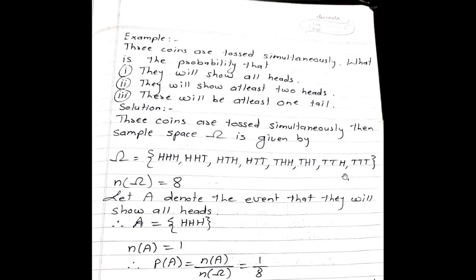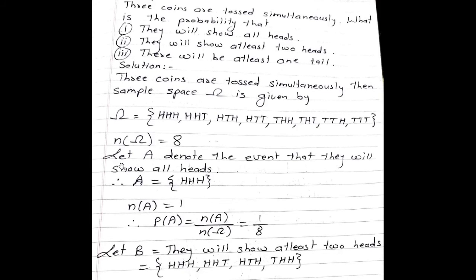Now define event A. Let A denote the event that they will show all heads. So A is equal to, the favorable outcome is HHH. So there is only one favorable outcome for event A. So n of A is equal to 1. Probability of A is given by n of A upon n of omega, which is equal to 1 upon 8.